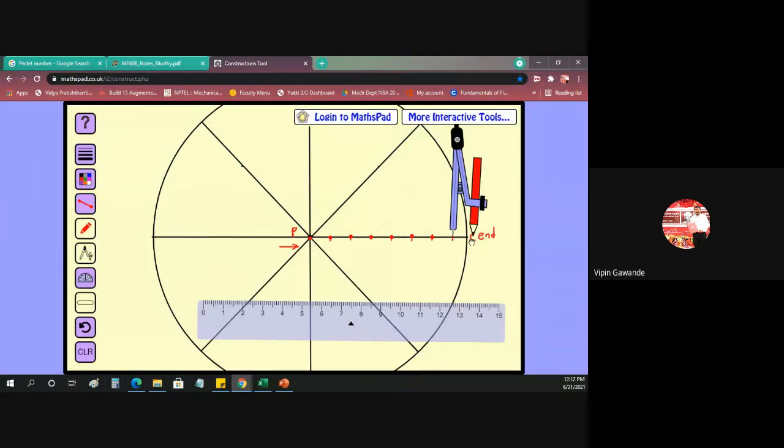Some error is there, but you draw it correctly. So the last division is here. If you take the distance correctly, you will not get any error here.